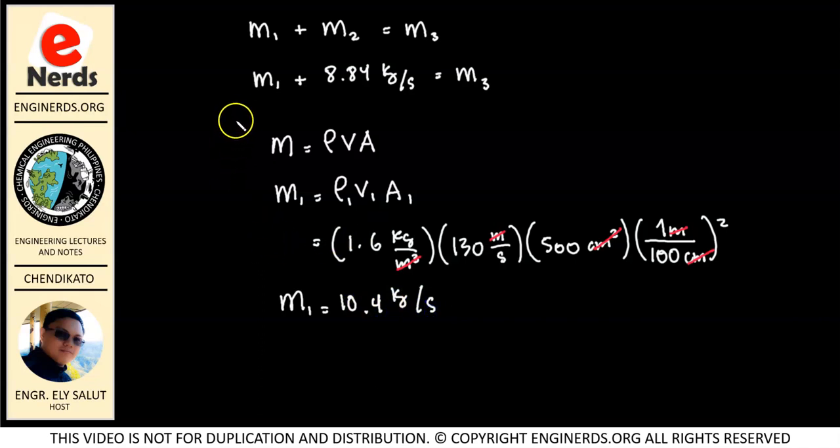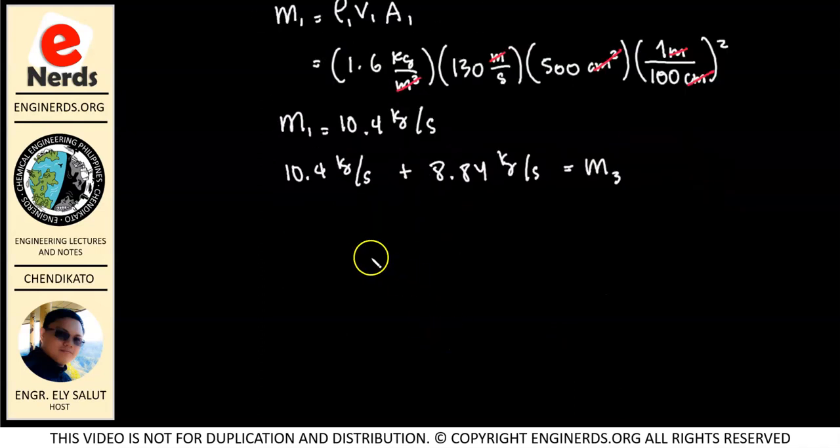Okay, so we're going to substitute now that dito sa ating equation na nasa itaas, no? So, our M1 is equal to 10.4 kilogram per second plus our 8.84 kilogram per second para sa ating M2, and this will be equal to M3, no?